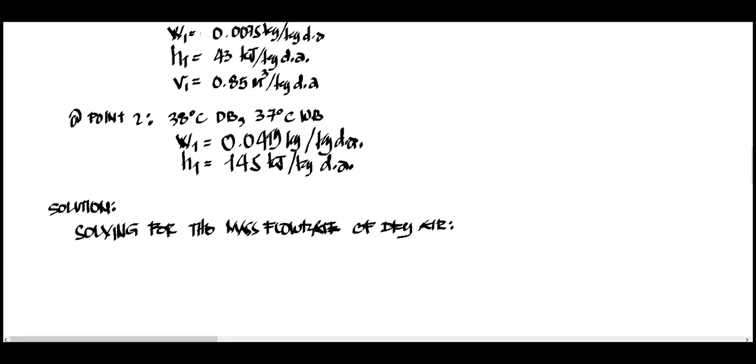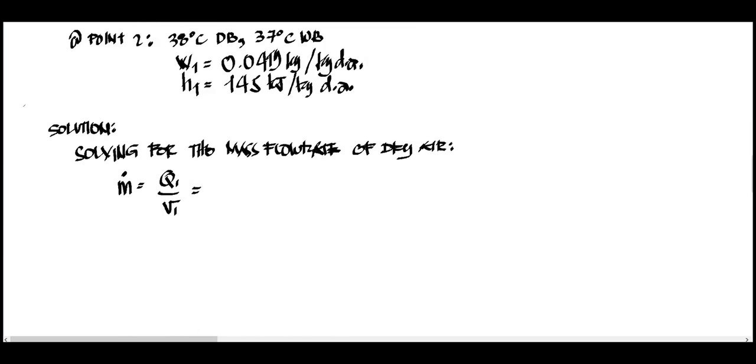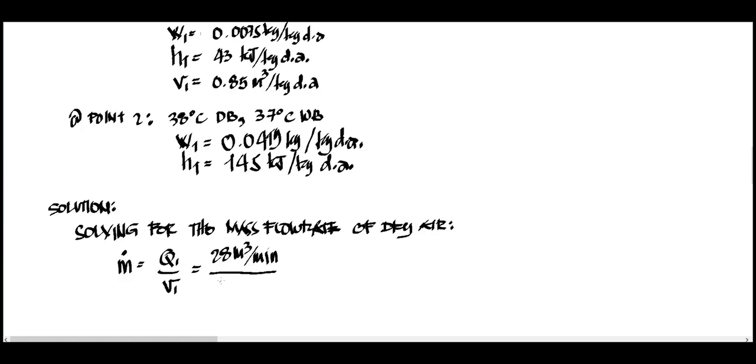So solving for the mass flow rate of the dry air, we have the mass flow rate m equal to your Q divided by the specific volume at point 1, where our Q given in the problem is this 28 cubic meter per minute, then divided by the specific volume at point 1, that will be 0.85 cubic meter per kilogram dry air.